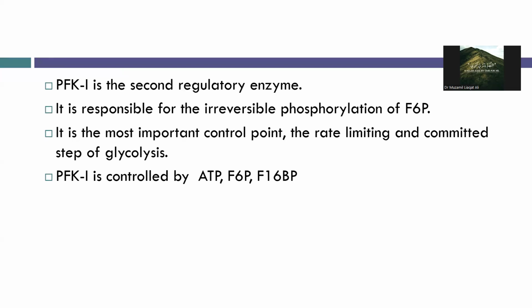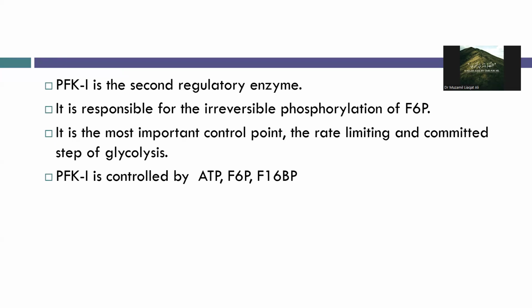The very first one is it is inhibited by high ATP levels, which signals energy sufficiency. And the second one is it is activated by high AMP levels, which signals energy deficit.